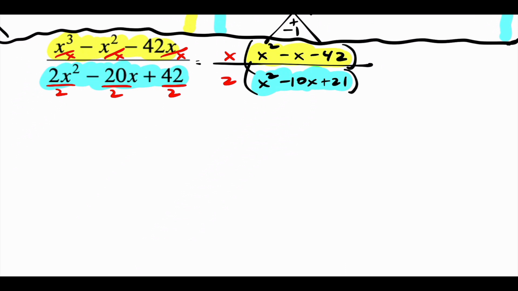Now we go on. So that was just step 2. We haven't been able to do step 2, but now we can. Okay, so now the yellow. A is 1, B is negative 1, C is negative 42.